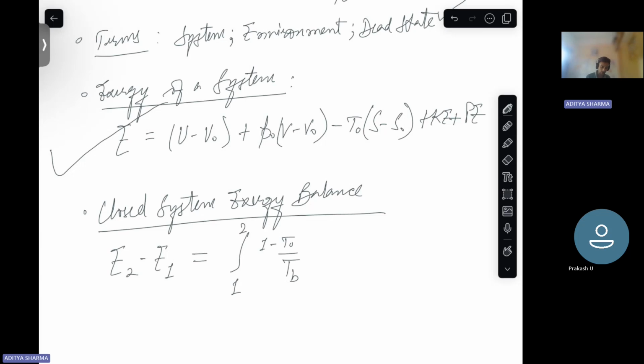TB is for boundary, right? Temperature for boundary. So if there is exchange of heat across the boundary of system and surrounding, in that case, the temperature in that scenario, right?